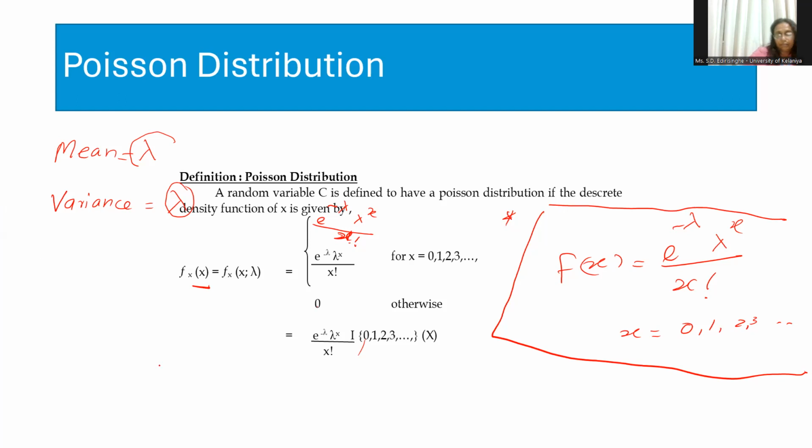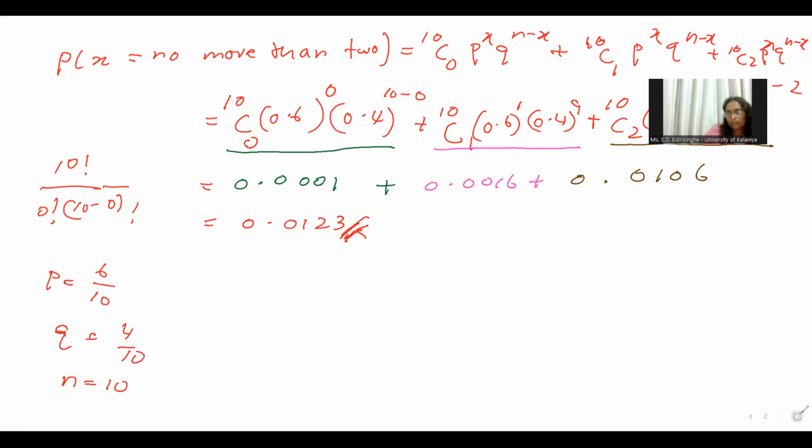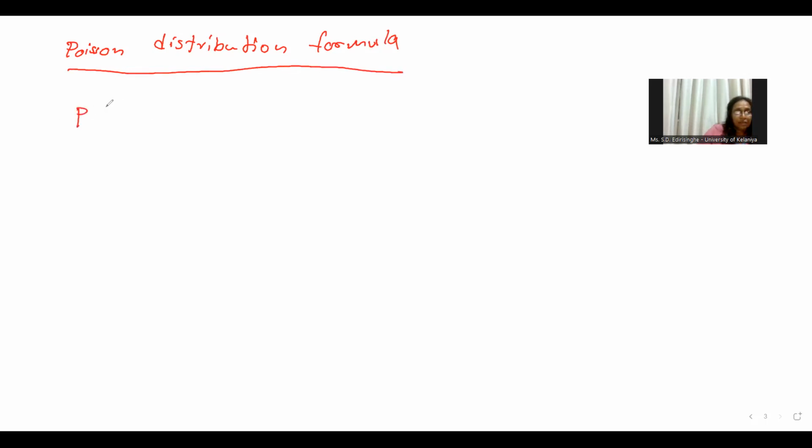Further, for the Poisson distribution formula, please remember P(x) equal e to the power minus lambda, lambda to the power x divided by x factorial, where P(x) equal the probability of x occurrences.